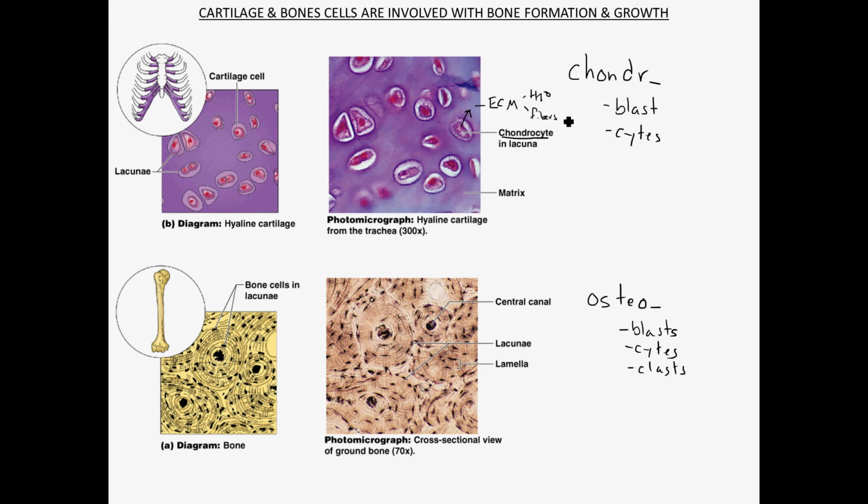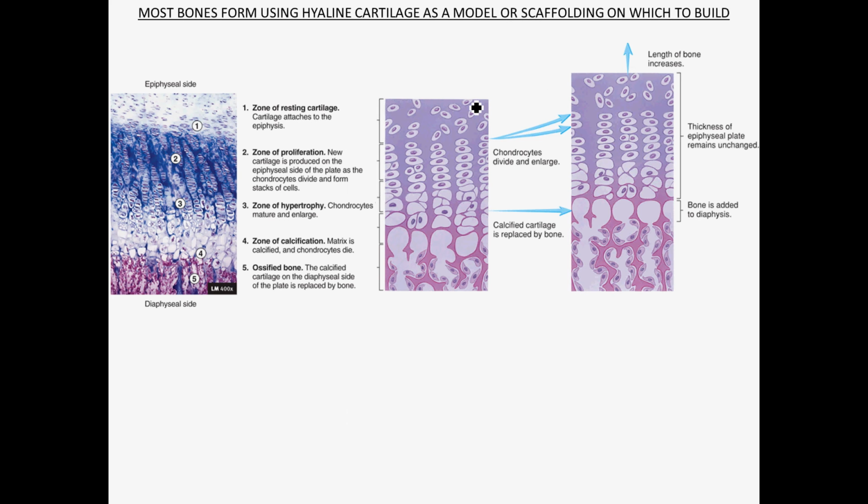And that is collagen fibers. Just a little bit of collagen fibers in there, but it is mostly this watery-based extracellular matrix that has been secreted by these chondrocytes. So that is how all of our bones start out.